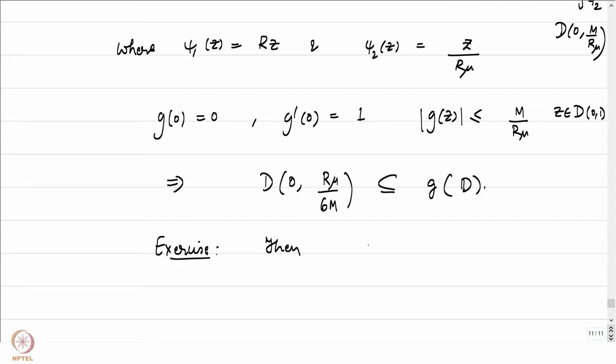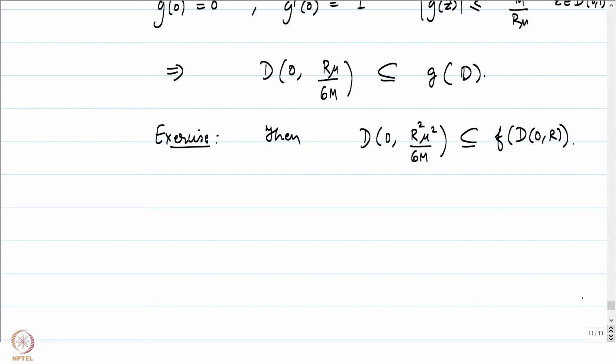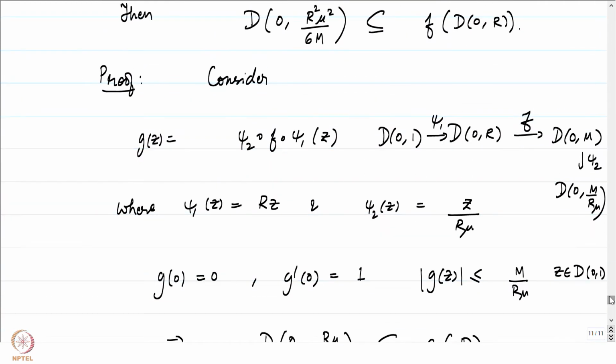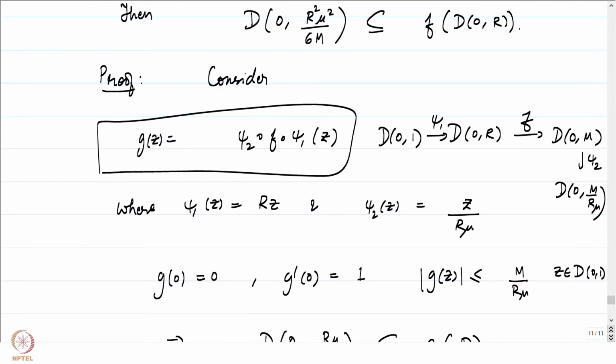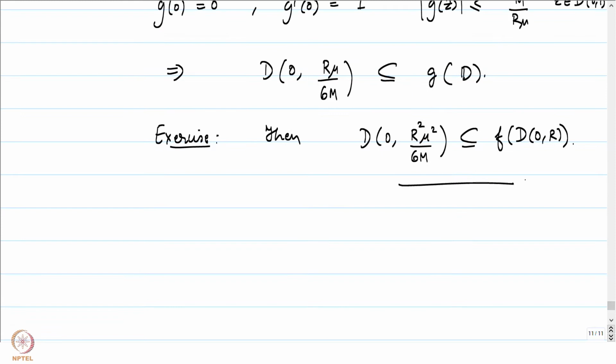Then d0 r square mu square by 6m is contained in f of d0 r. Notice that if you translate whatever we have concluded here for g by using the definition of g and f here, then we will be able to conclude what we wanted to conclude in the exercise, and that will complete our result.